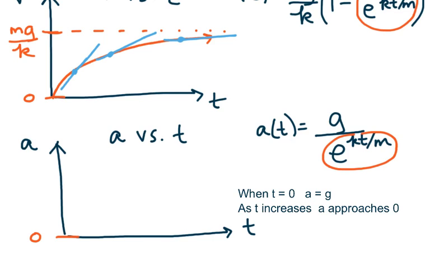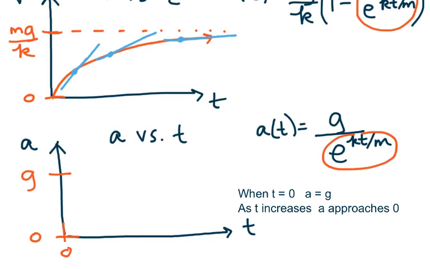Looking at this equation, when t is equal to 0, the acceleration is equal to the acceleration due to gravity, and as t increases, a approaches 0. So at a time of 0, my acceleration is indeed the acceleration due to gravity. And just so you know, we're just looking at the magnitudes of these values. That's important to point out.